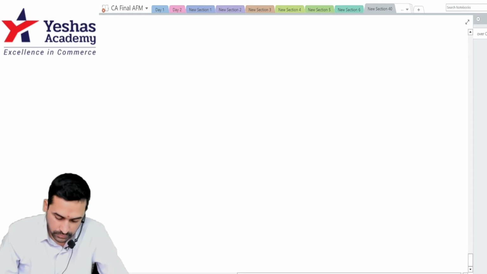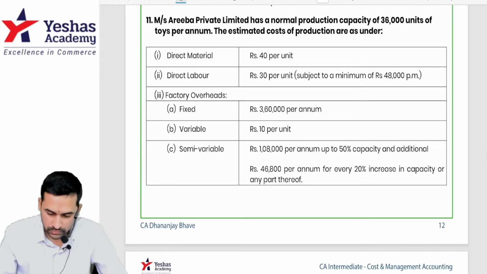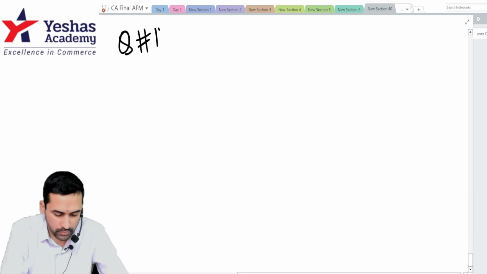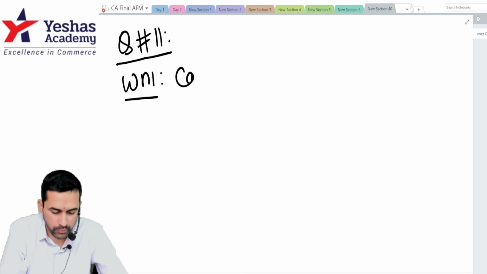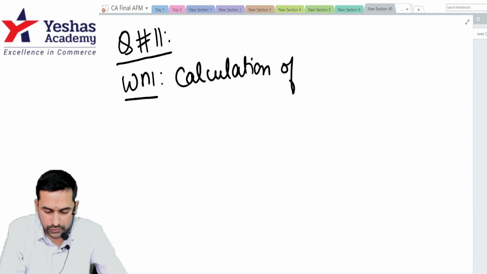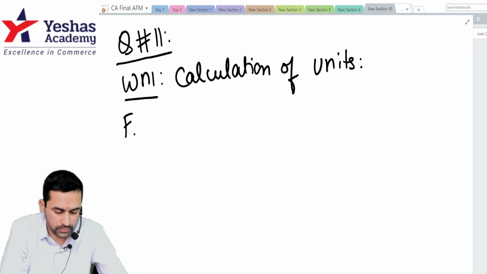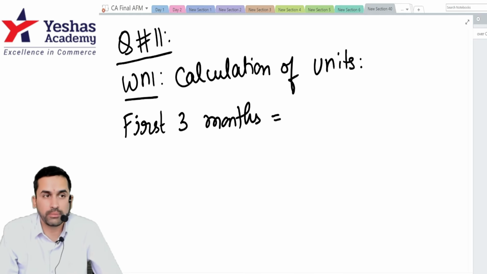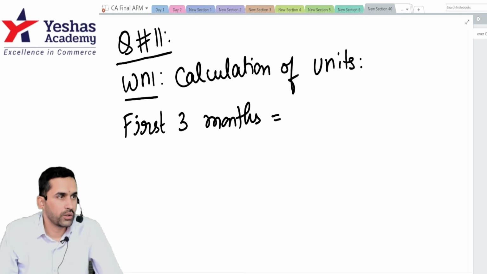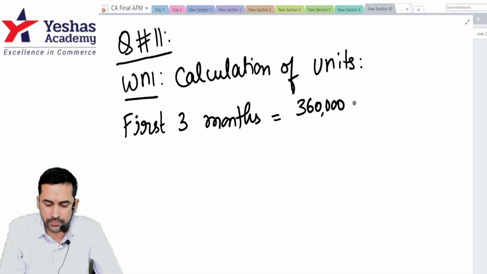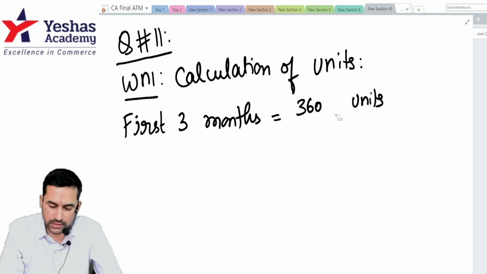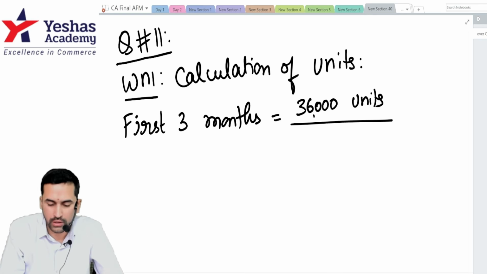Working note 1. Calculation of units. First 3 months equal to, we did this in Calci, 36,000 units divided by 12 months.